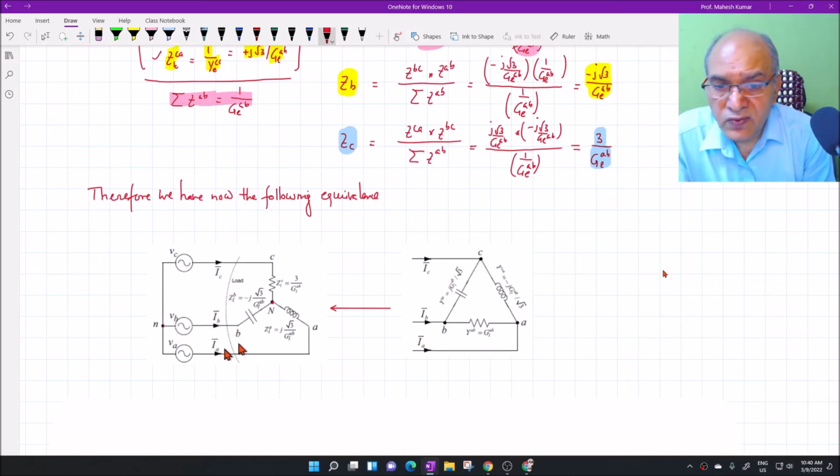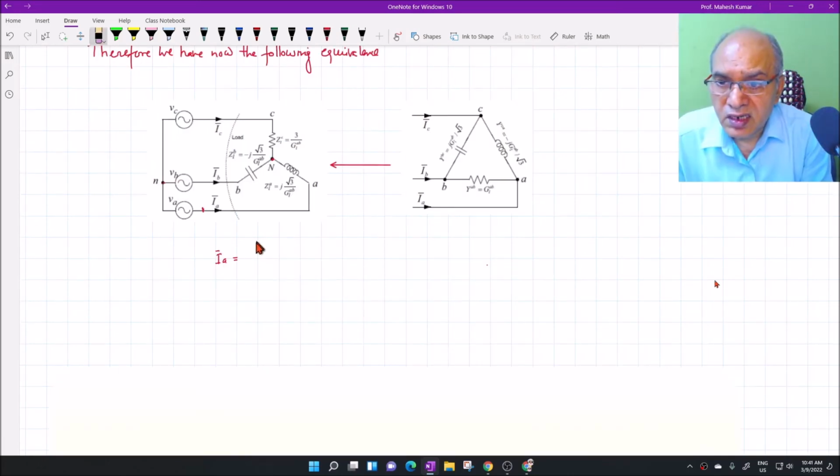What is the A phase current flowing? The current here is VAN minus VNN divided by ZA, let us say. Sometimes I use upper, sometimes lower case. For the sake of simplicity, I put it lower here, but you can also use ZLA.